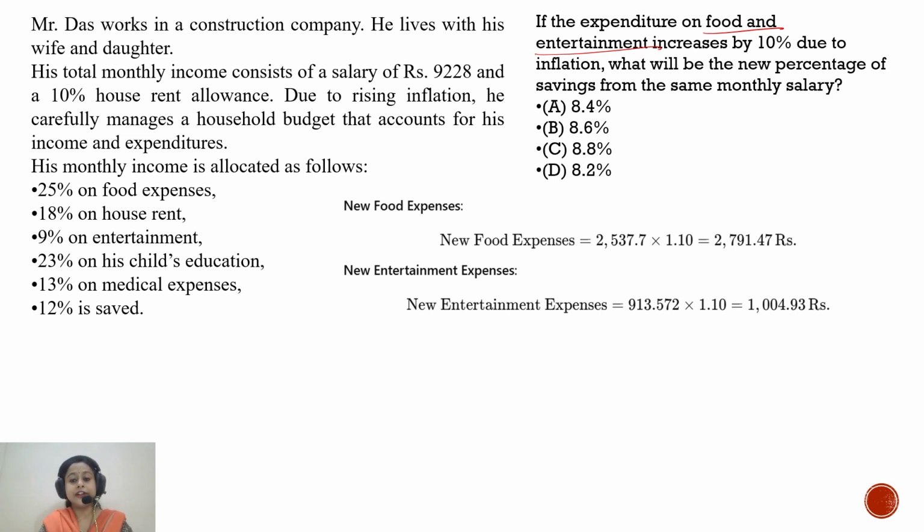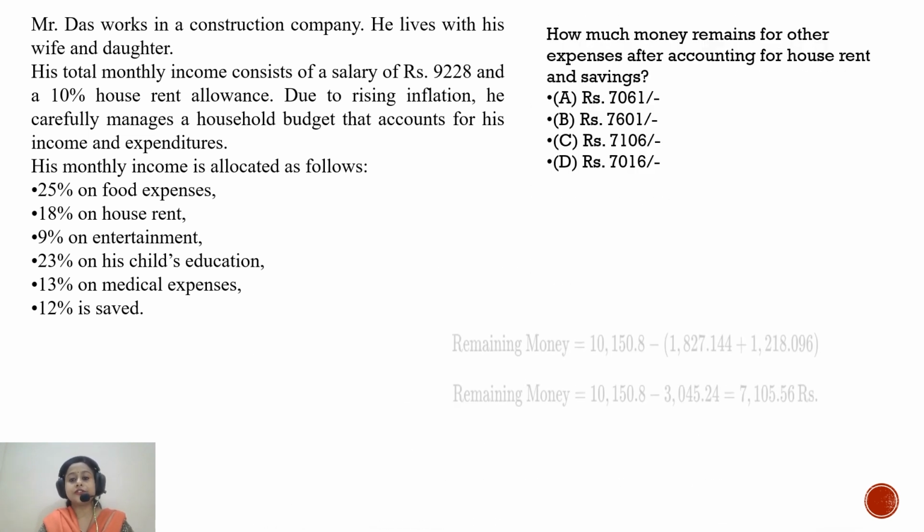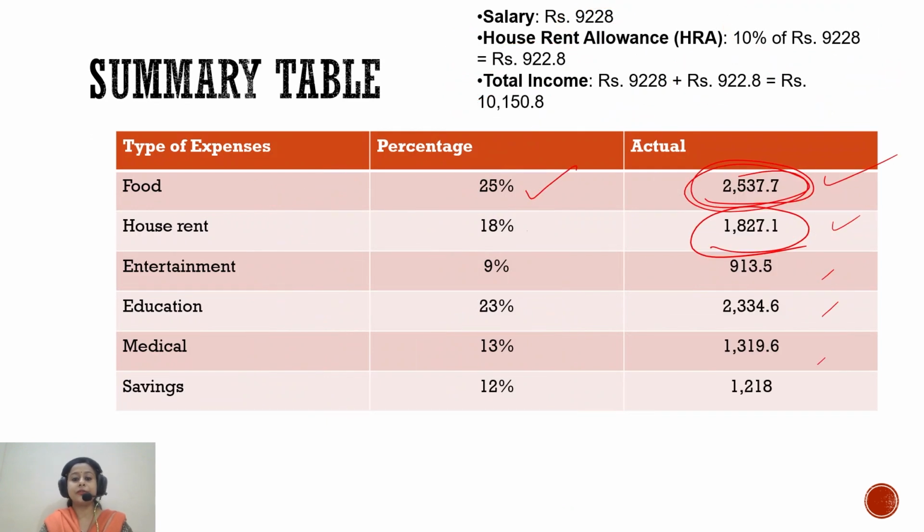As per the summary table, the actual money spent on food is 2537.7, and actual money spent on entertainment is 913.5.